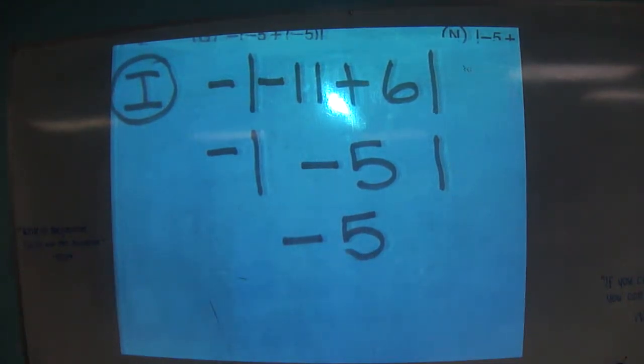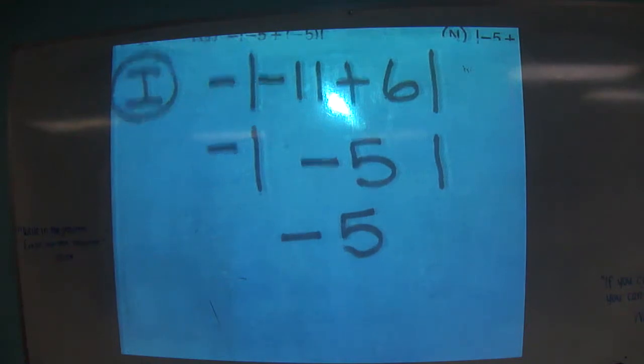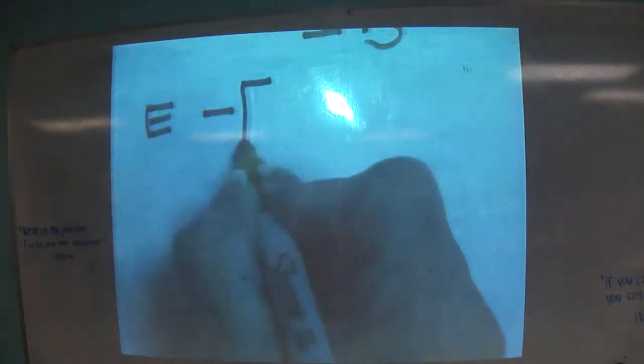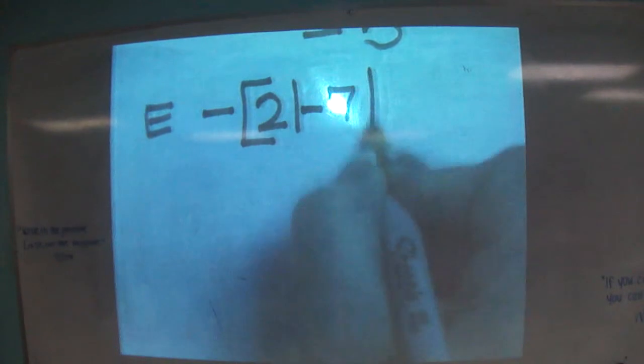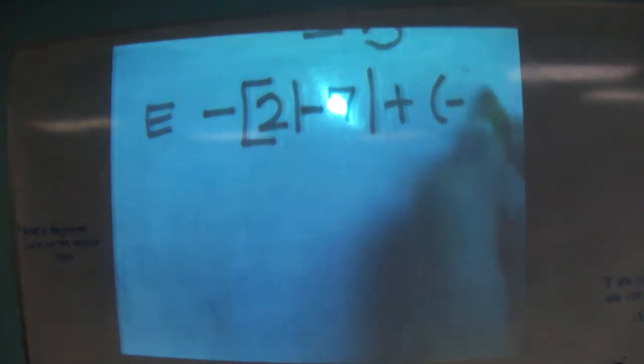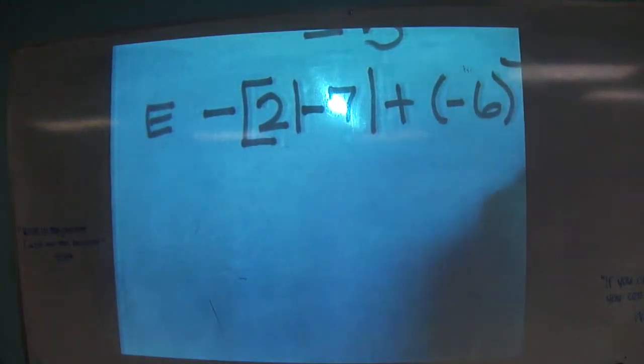So you see, if you go step by step and write down each step, you'll always be correct. If you try to jump straight from the first part to the last part, you'll frequently miss something. Let's look at E, which is the opposite of parentheses 2, absolute value negative 7 plus negative 6, bracket.